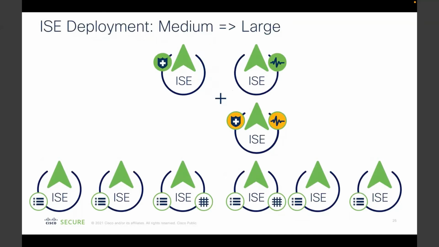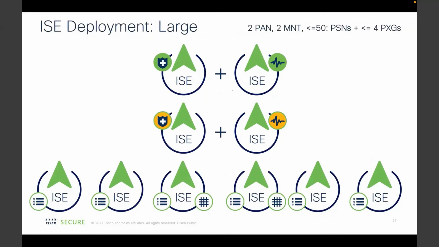Now we have a dedicated PAN node and a dedicated primary M&T node, and then a dedicated secondary PAN and a dedicated secondary M&T node. Now you officially have a large deployment when you have dedicated PAN and M&T nodes like this.